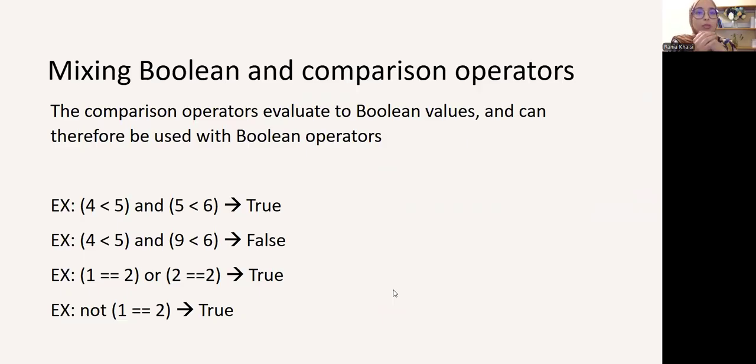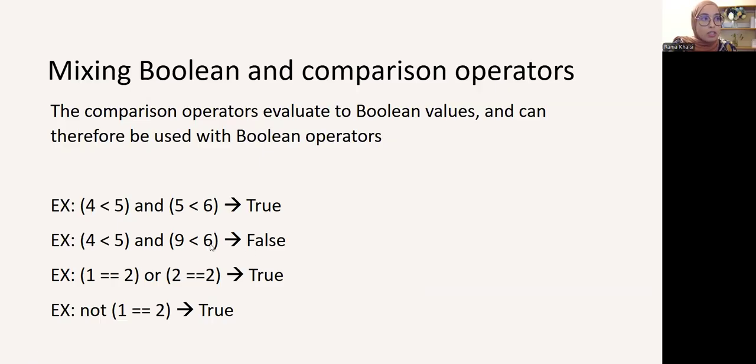Now I can mix Boolean and comparison operators as well. First example here, I can have 4 is less than 5 and 5 is less than 6. In this case, it gives true. Then 4 is less than 5 and 9 is less than 6. So this is false.